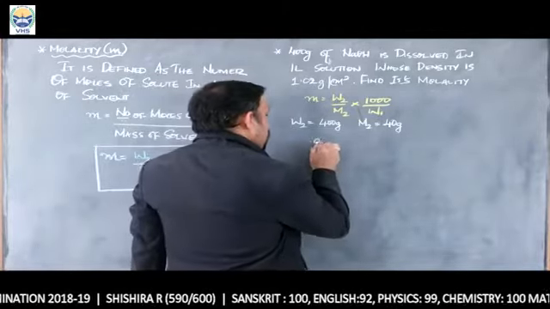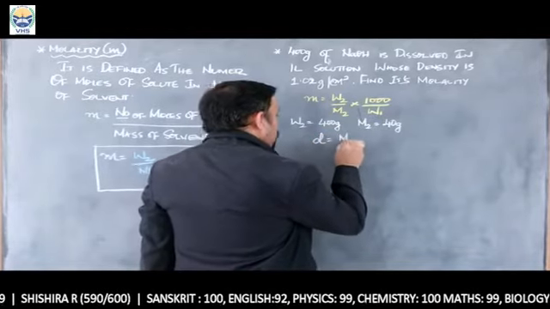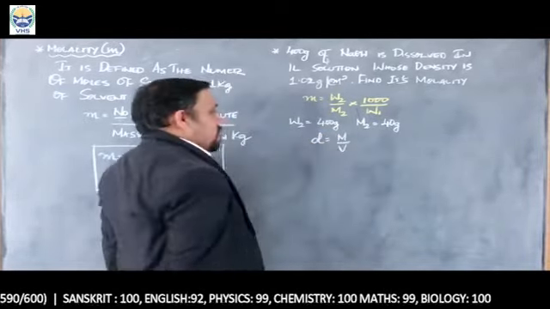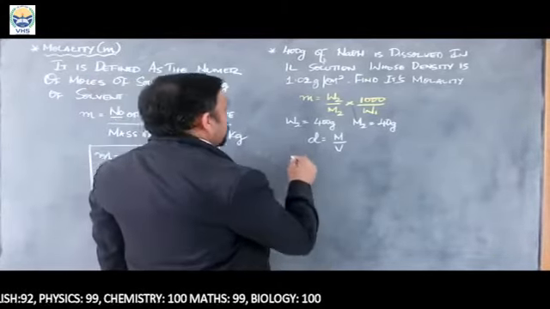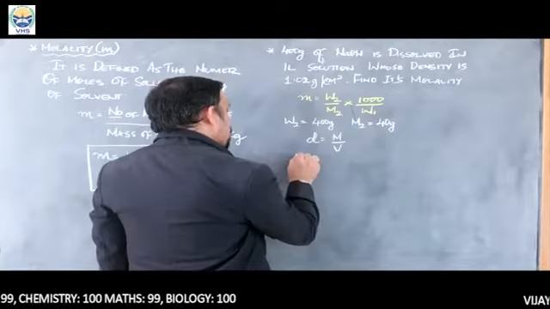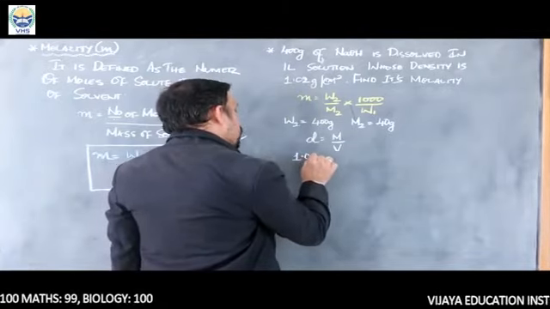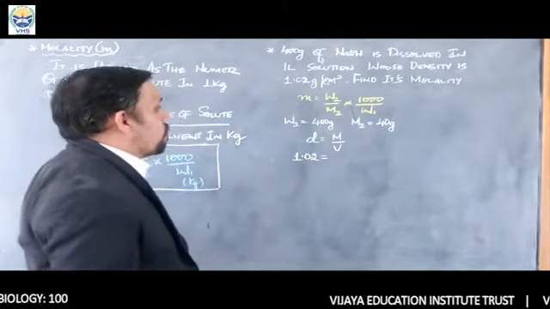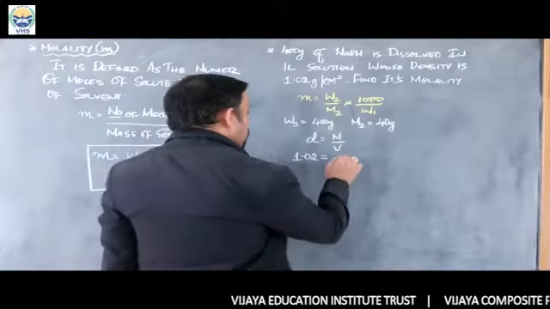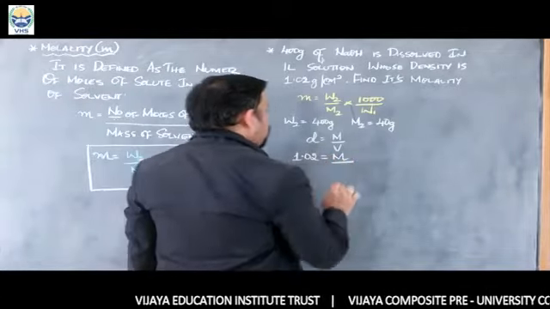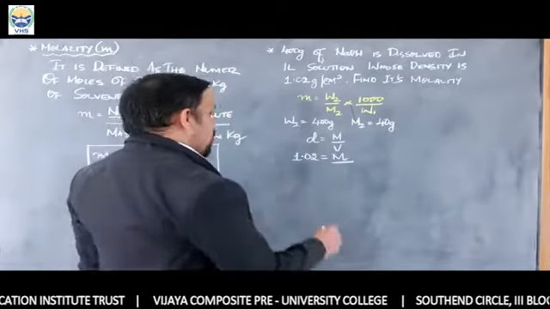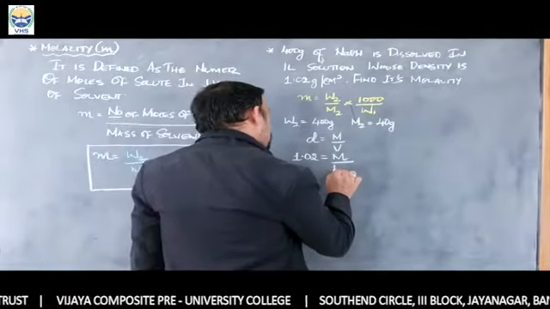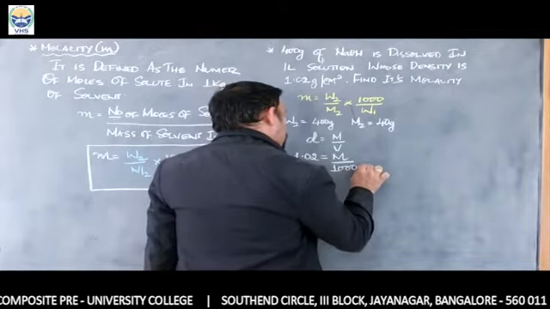So we know that density is equal to mass by volume. So what is the density? They have given density is 1.02, which is equal to mass divided by volume. We have to find out the mass only. 1 liter means it is equal to how many ml? 1 liter is 1000 centimeter cube.